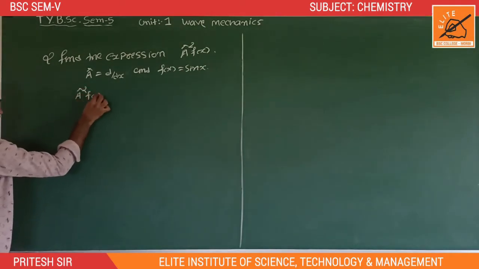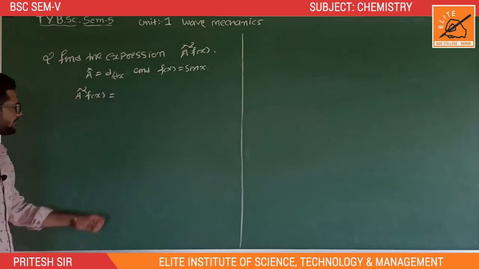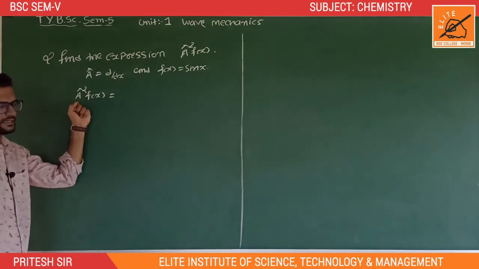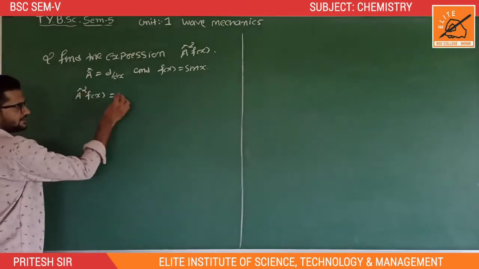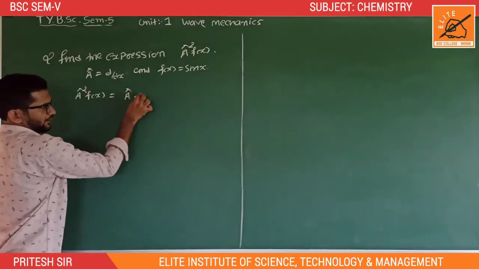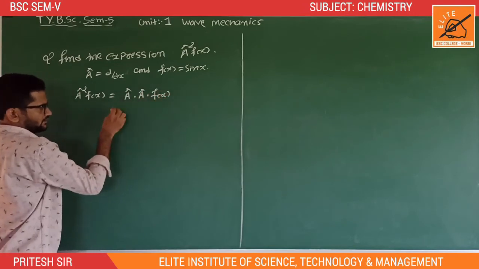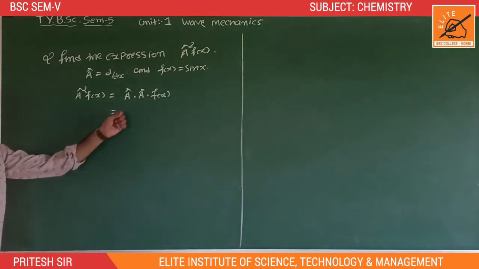So first of all, A square f(x) means the same operator is multiplied 2 times, so A square means A cap into the function f(x). First put the value of A cap and f(x).